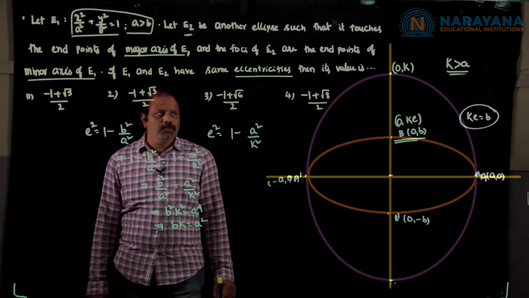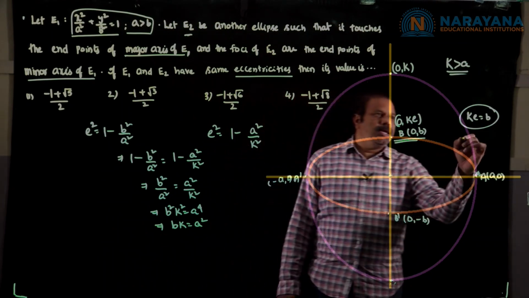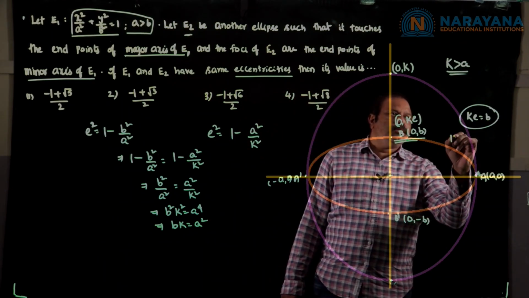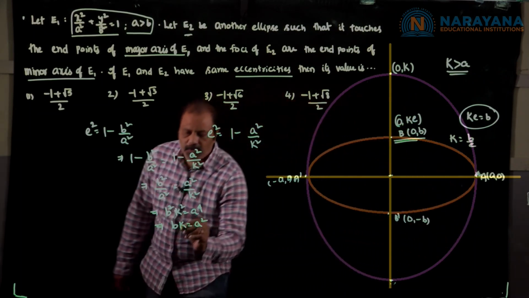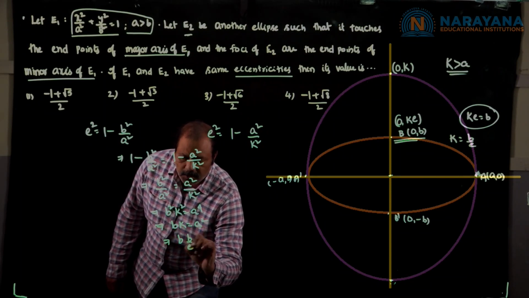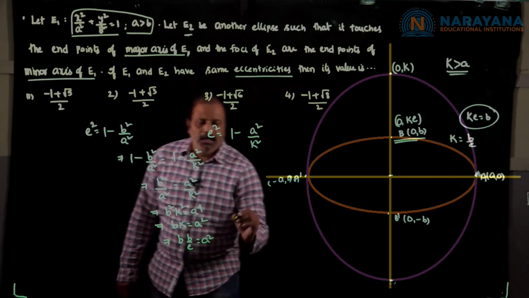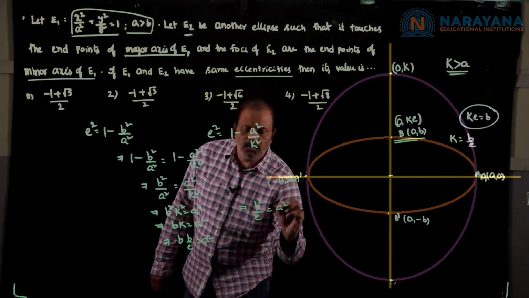Here ke is equal to b, implies k is equal to b by e. By substituting k equal to b by e, b into b by e is equal to a squared, which implies b squared by e is equal to a squared.